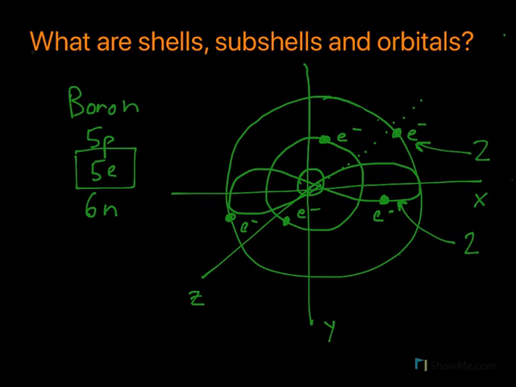But since this orbital, the p orbital, is a different shape than the s orbital, which is the sphere, these are now 2 different types of subshells. So this is the p and this is the 2s. These are now subshells in the second shell. So you can have 2, but you can have a subshell of S and a subshell of P.